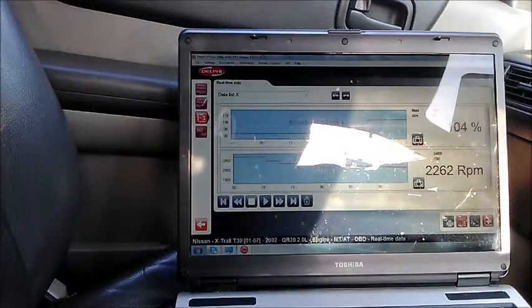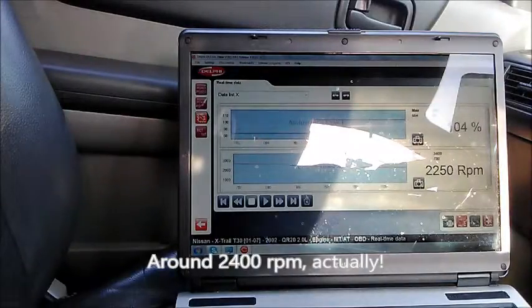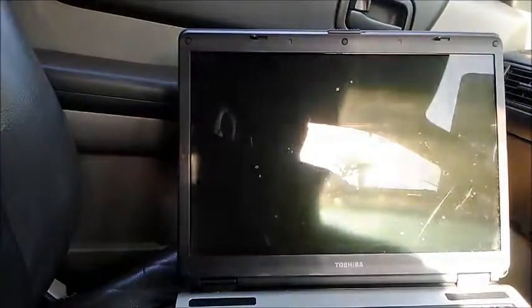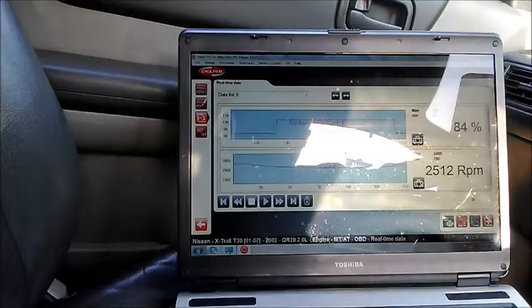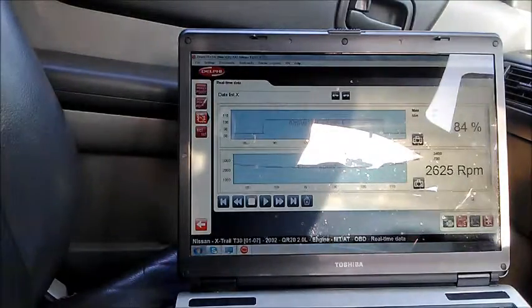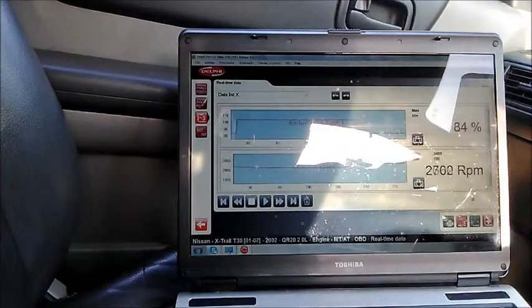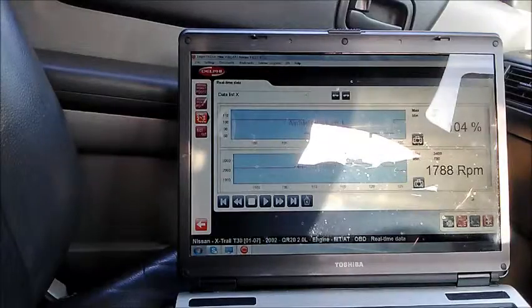Comes back at 104% at around 2000. If I increase the RPM again, it goes back to 84. Take the foot off the pedal.